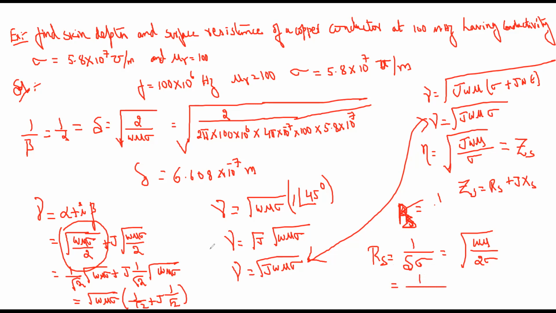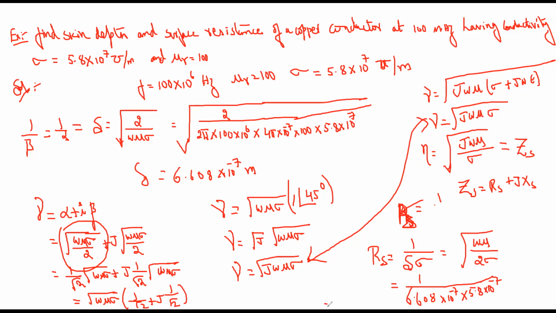1 by delta we got as 6.608 into 10 to the power of minus 7, multiplied with sigma. What is the sigma? Is given 5.8 into 10 to the power of 7. Okay.